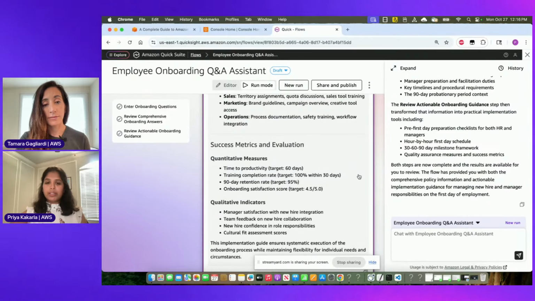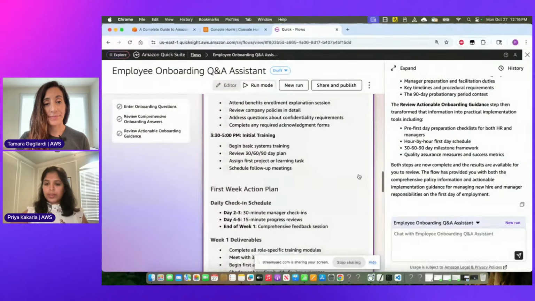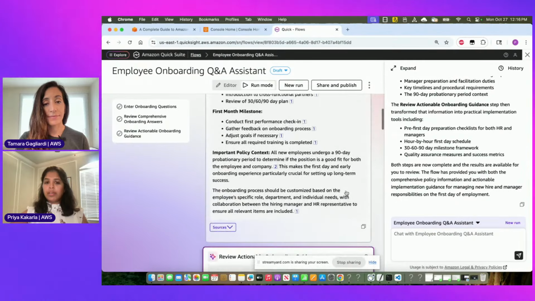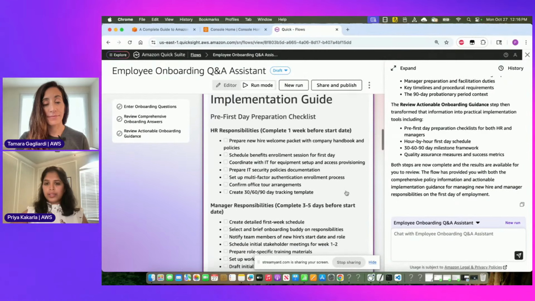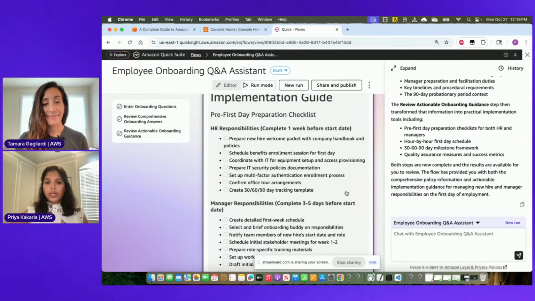Even in the flows, you have to specifically say which space it is pointing to. For example, here it would know where your underlying data assets are, so it would read through those documents. Let's say policies keep changing, onboarding process keeps changing. As long as you have up to date documents in the space that this flow is pointing to, you should be able to get the latest information.